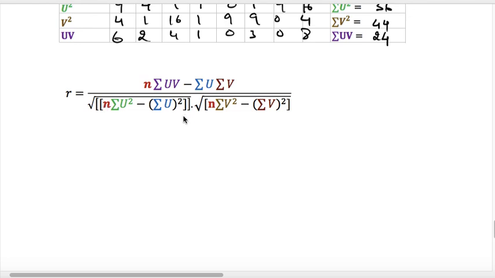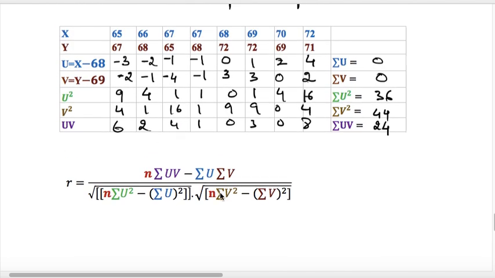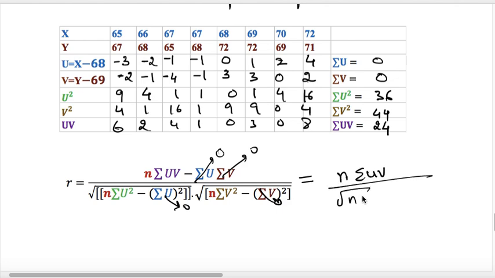So when we plug in, what we observe is that this value is equal to 0, this will also be 0, this value is coming out to be 0, this value is coming out to be 0. And when we plug in the values, we get n times summation of uv, and here we have root of n summation of u square into root of n summation of v square.